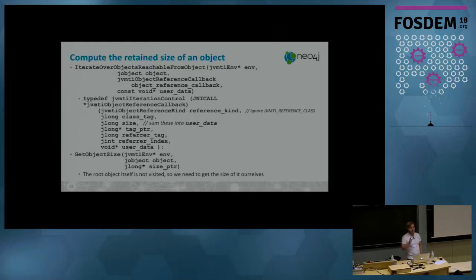It doesn't give you a callback for the object that you start from, so we also have to use getObjectSize on that object, which is also available as a JVM TI method. In the callback function, we get the size handed to us, so we actually don't need to invoke getObjectSize for each visited object. Instead, we just take that size and sum it up into the user data field or the user data pointer.